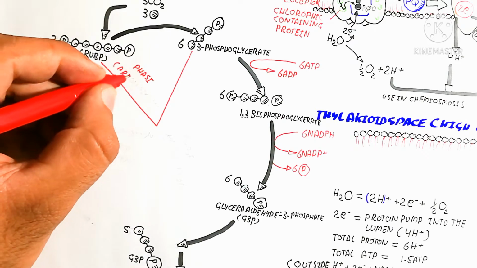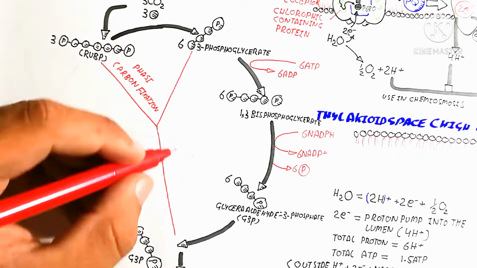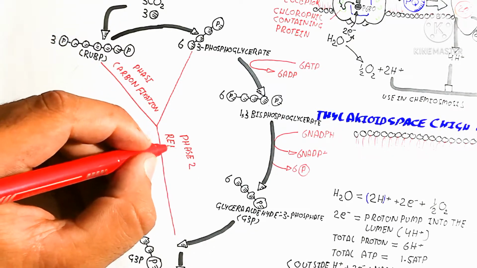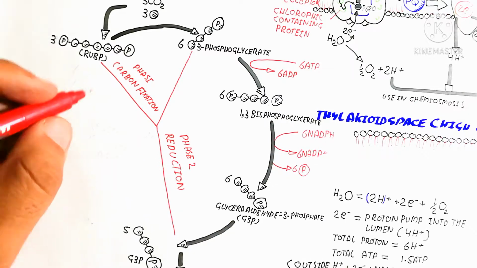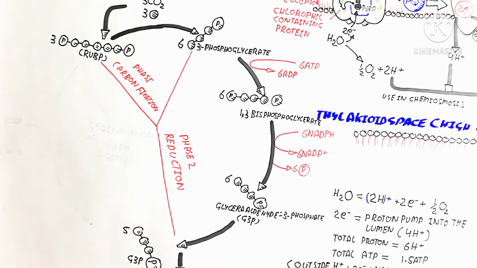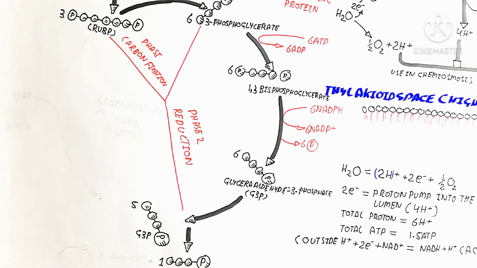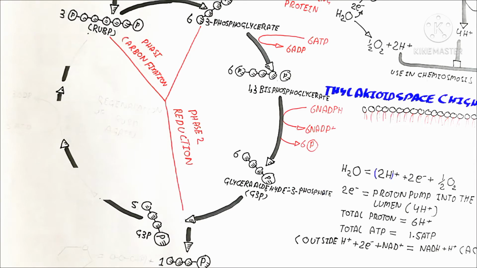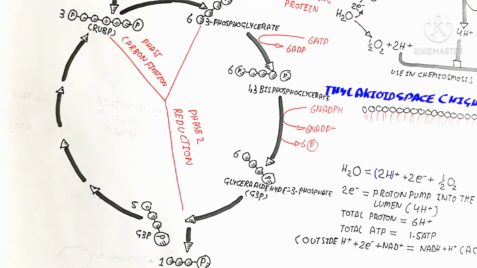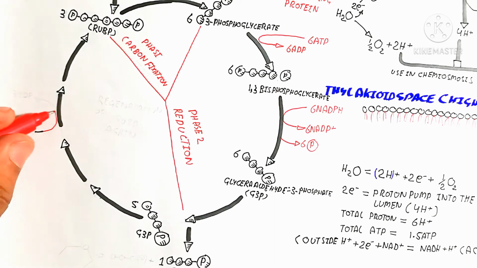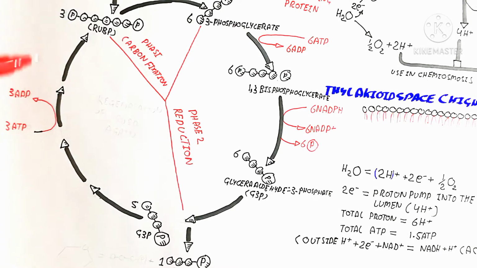Here is phase 1, which is carbon fixation, and here is phase 2, which is used for reduction, and here is the regeneration phase, in which RuBP is regenerated again, to make 3 molecules of RuBP from 5 molecules, and this cycle goes again.